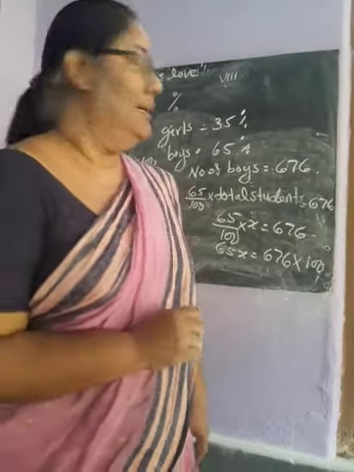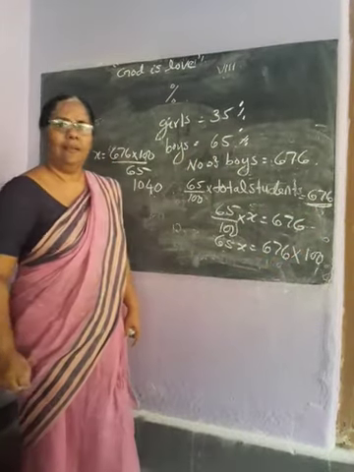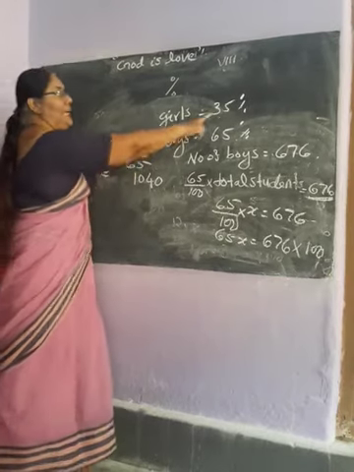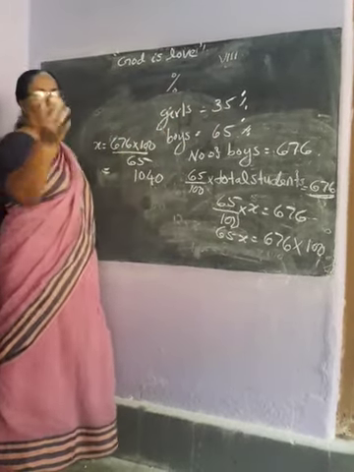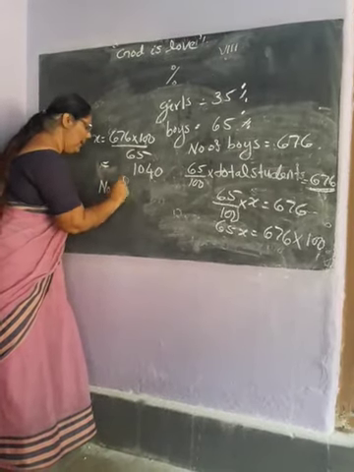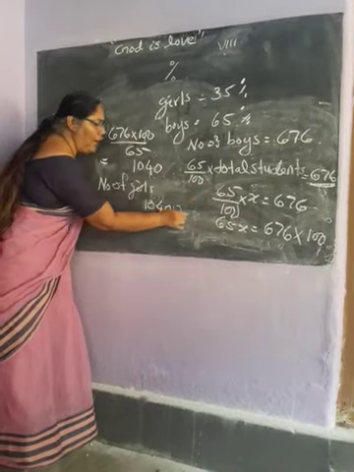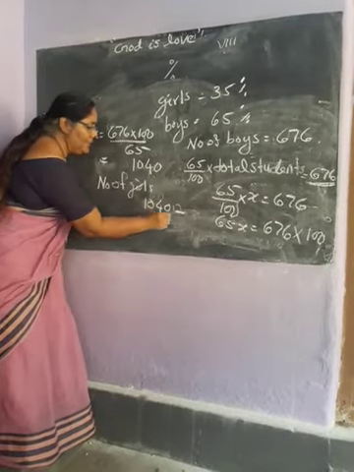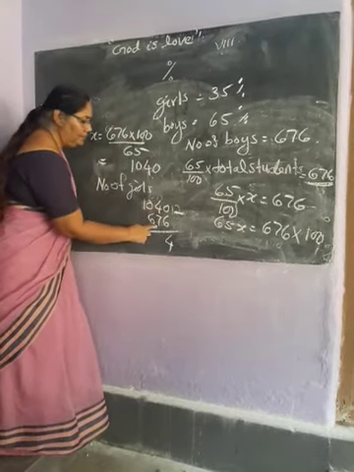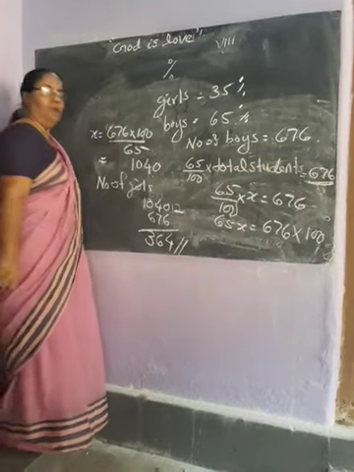Out of that, in the question itself it is given 676 are boys. Then how can you find number of girls? One way is 35 by 100 into 1040, or directly you can write number of girls is equal to 1040 minus number of boys 676. 10 minus 6, 4. 364.